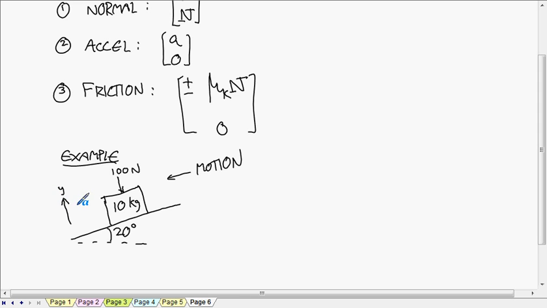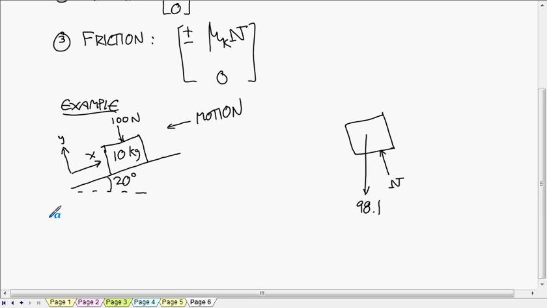So there's the y-axis. There's the x-axis. The free body diagram, there's a weight force of 98.1. Then there's a normal force. Oh, and sorry.